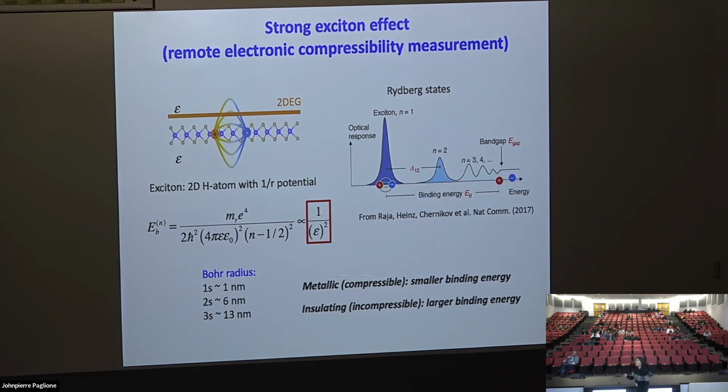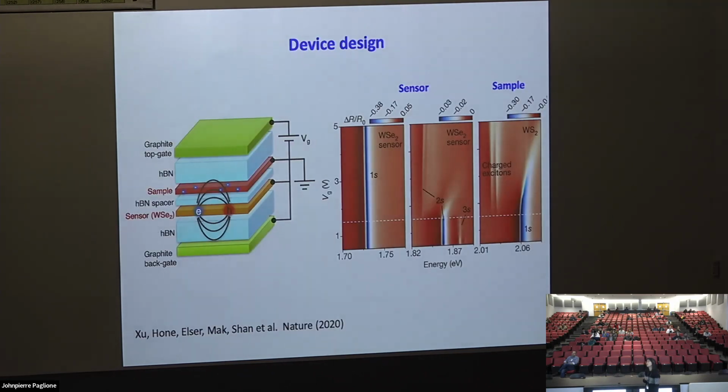But if I put an insulating state next to it, it should not affect the exciton binding too much, and the absorption intensity should still be large.